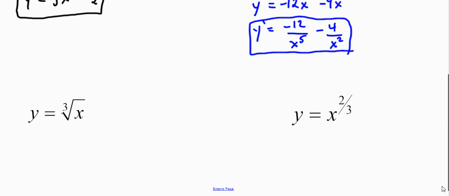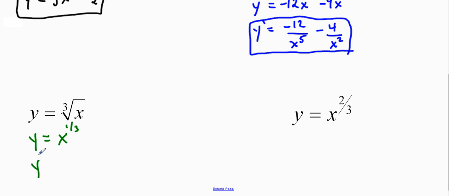Well, we're not done yet, my friends. If we want to figure out some more, we can find these, because these too are power functions. We say the cube root. Taking this, y equals the cube root, we can write this as x to the 1/3 power.